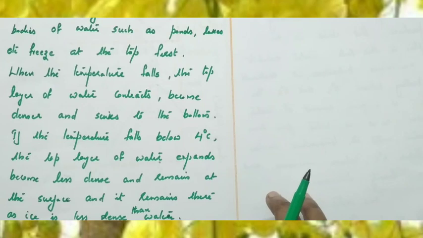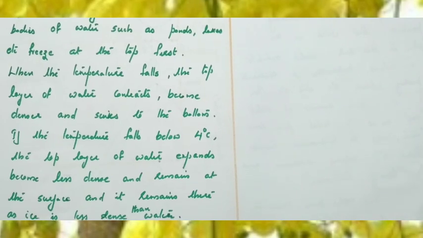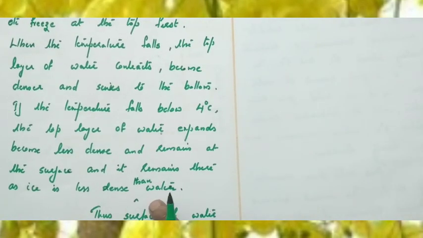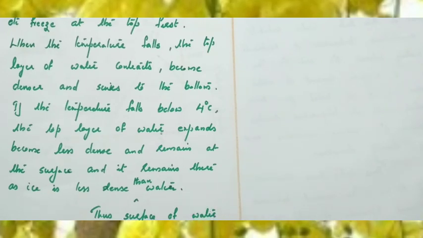So from 4 degrees Celsius down, volume increases and density decreases, and hence it remains there as ice, which is less dense than water. So when the temperature is below 4 degrees Celsius, the top layer of water freezes and gets converted to ice, and since ice is less dense than water, it remains there.